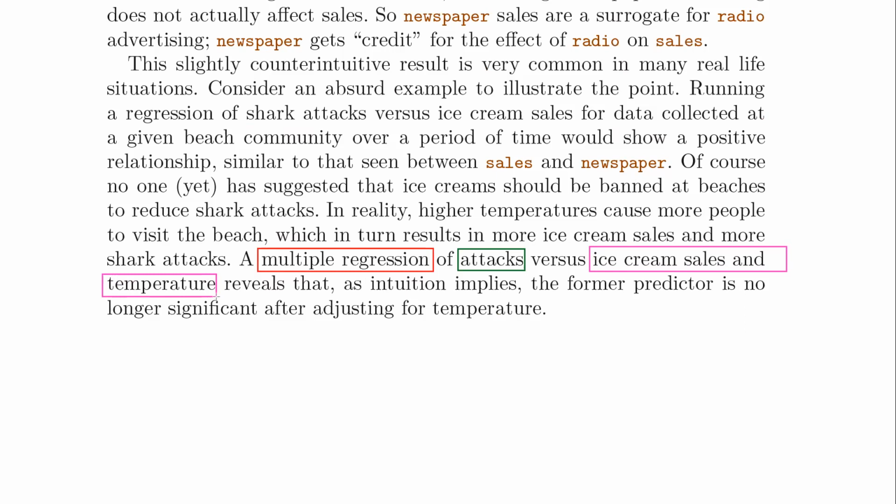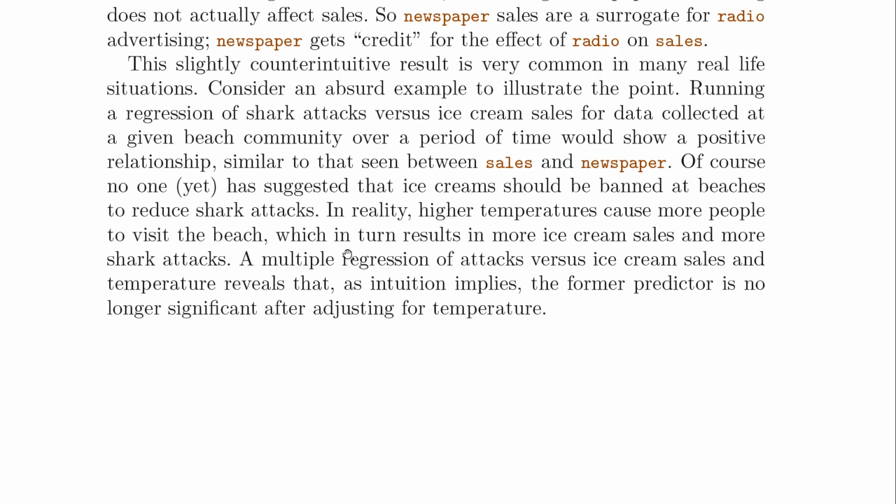It reveals that, as intuition applies, the former predictor is no longer significant. So ice cream sales is not actually a significant predictor. You could go so far as to say it's irrelevant to predicting the number of shark attacks, now that we've included temperature.